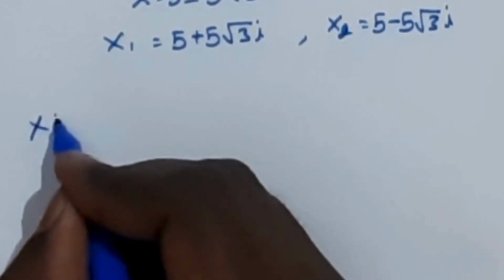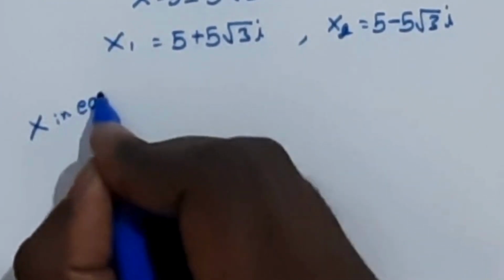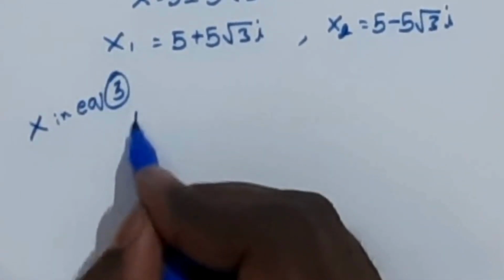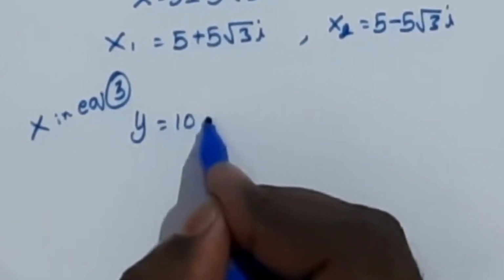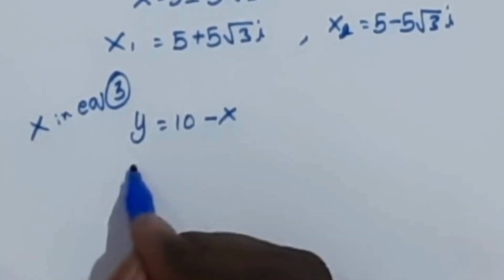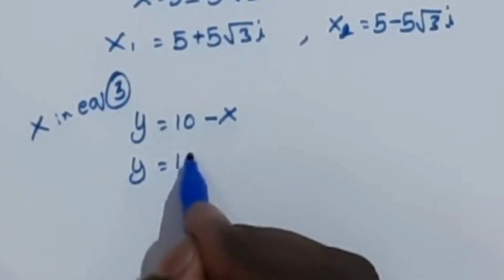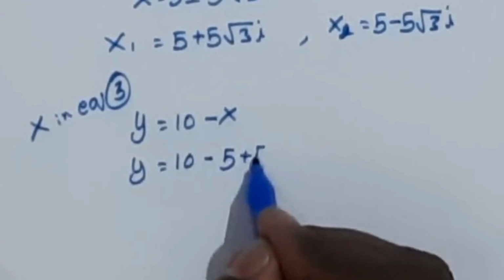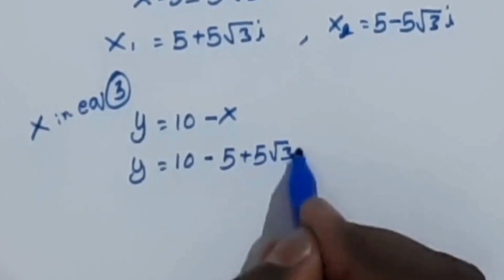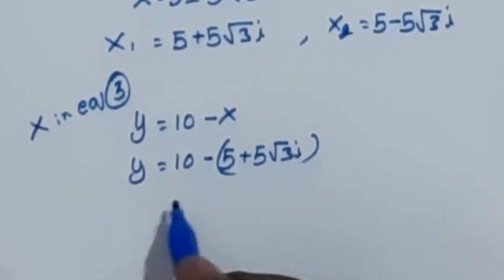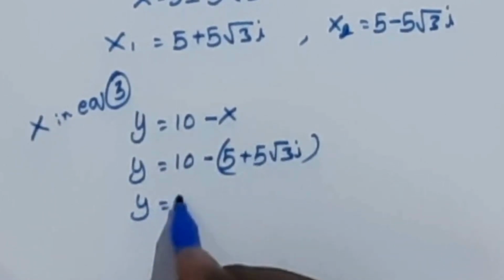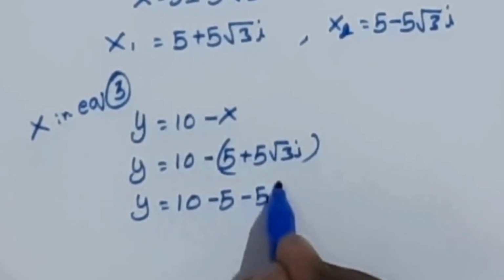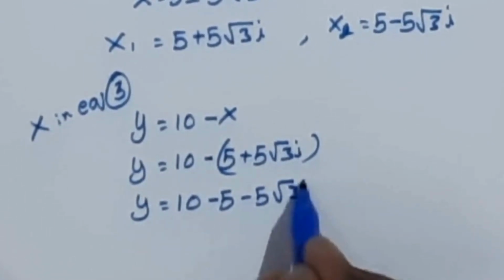Now substitute x in equation 3. y equal to 10 minus x, y equal to 10 minus (5 plus 5 square root of 3i). So y equal to 10 minus 5 minus 5 square root of 3i.